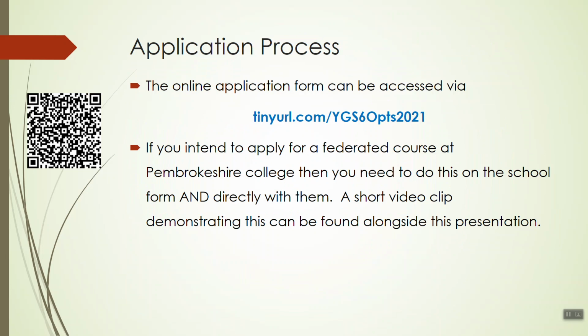First of all, you have to let me know what you want to do on that option block C. So you'd fill in the Greenhill application form, but then you'd also have to go directly to the Pembrokeshire College site and apply for the federated course there. And next to this link video on the website, there's another video clip which explains how you can do that.